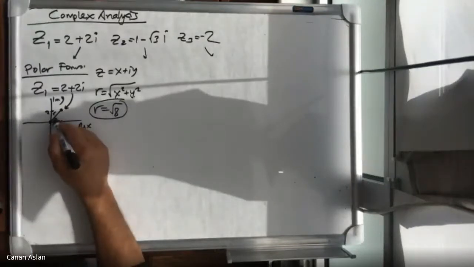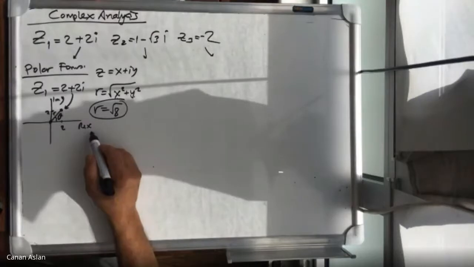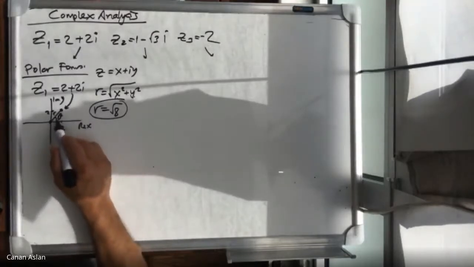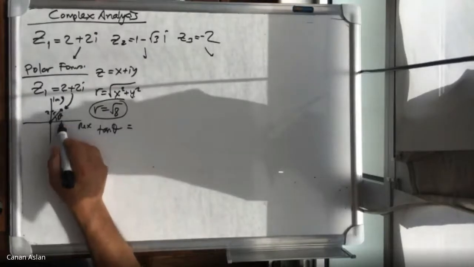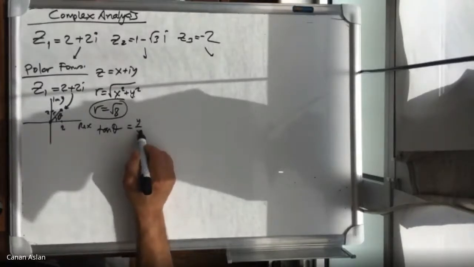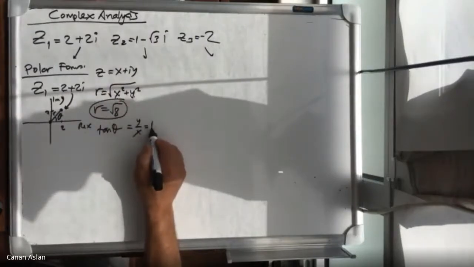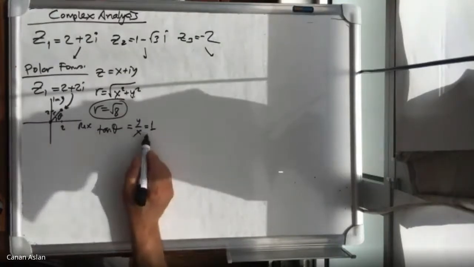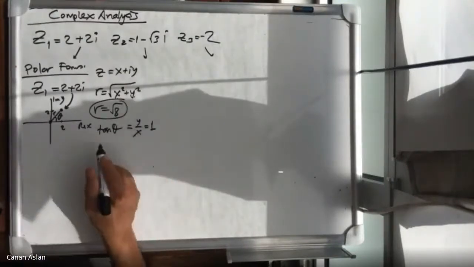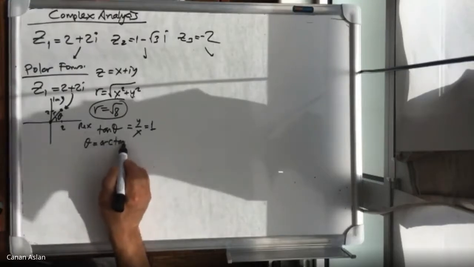Then we have to find this angle theta here. If you take the tangent of theta, it is just y over x. But y and x are the same, so 2 divided by 2 you get 1. So tangent theta is 1, and theta should be equal to arc tangent of 1.